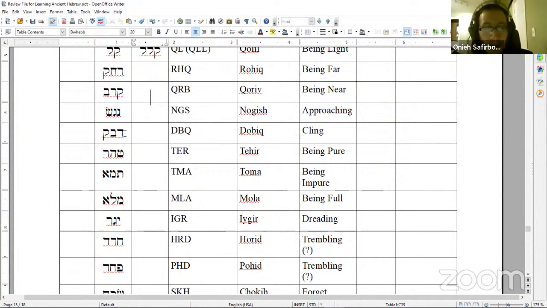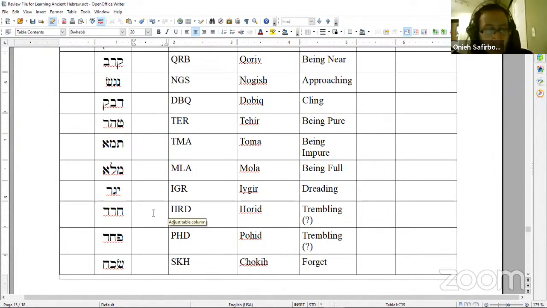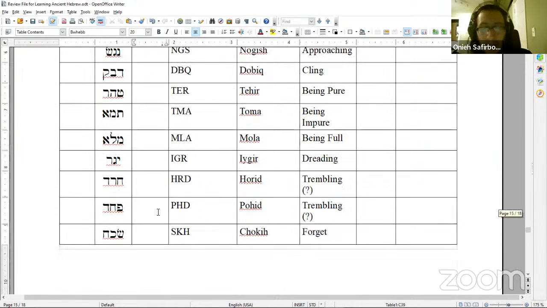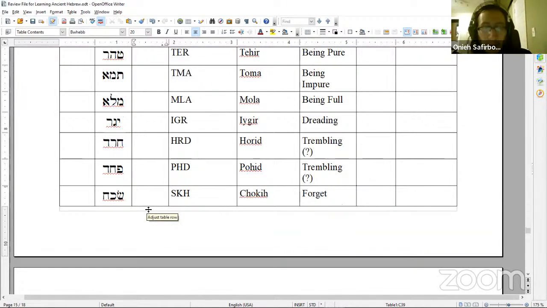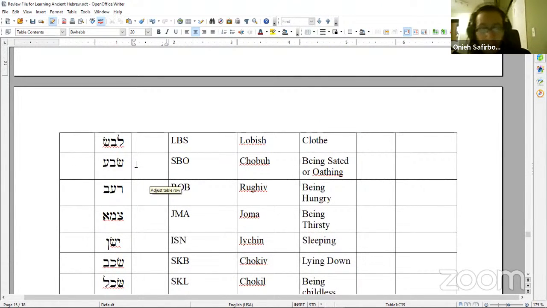Okay, and then Dabik, cling. Teher, being pure. Tama, being impure. Mala, being full. Eager, dreading. Trembling is harid. A different type of trembling is pahid. Chaka is forget. Labish is clothe. Chaba is being sated or making an oath or oathing.